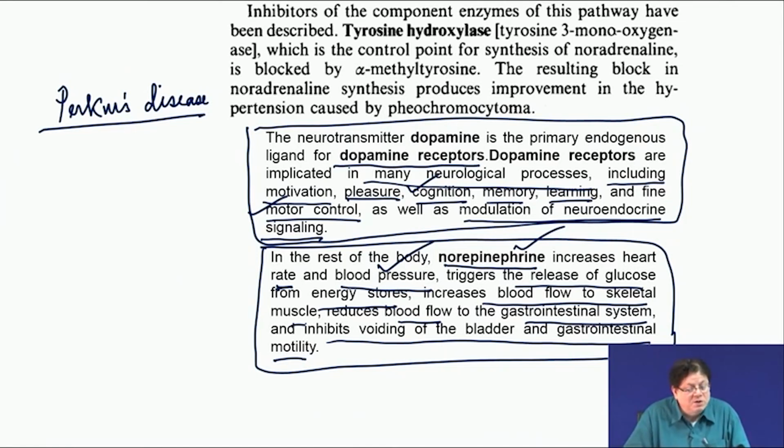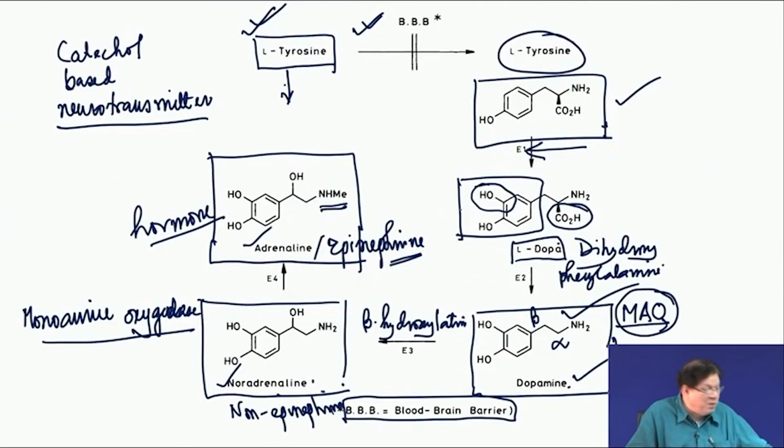So, that is what is called Parkinson's disease, and the only way Parkinson's disease can be treated is to utilize L-DOPA, the only compound, L-DOPA along with the peripheral DOPA decarboxylase inhibitor. Remember, then you can use a lesser dose of L-DOPA, and that creates the concentration of dopamine to some optimum level. Okay.